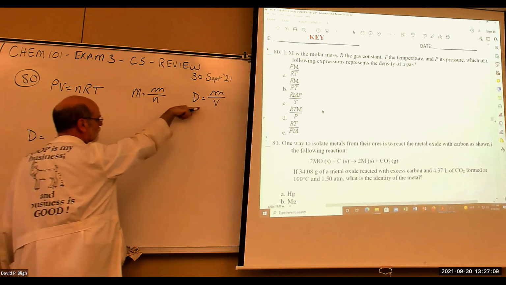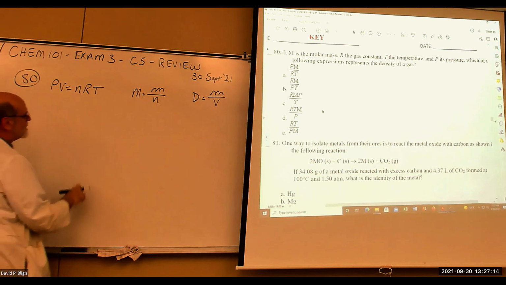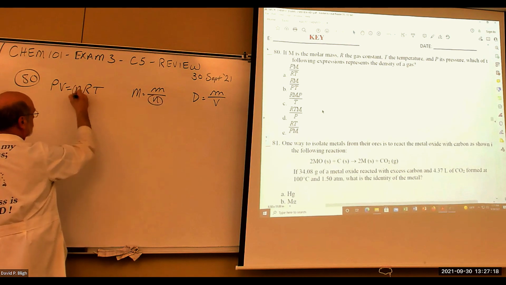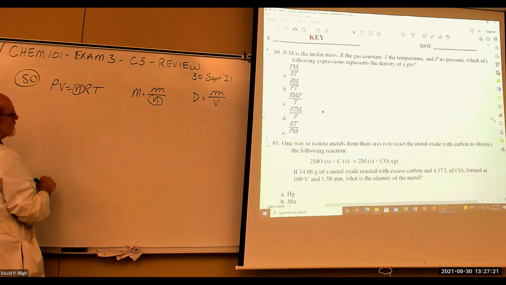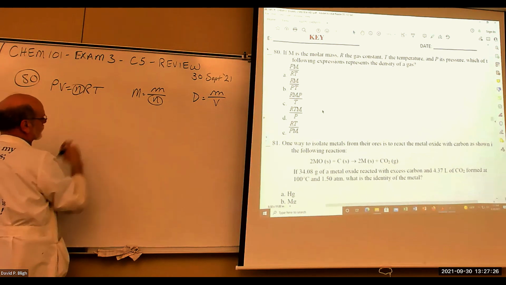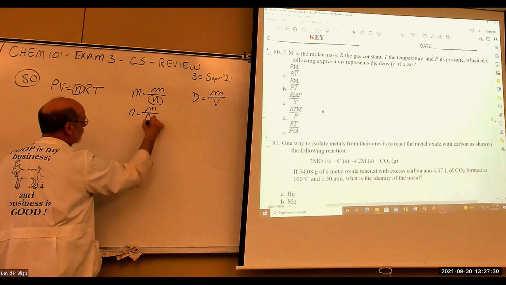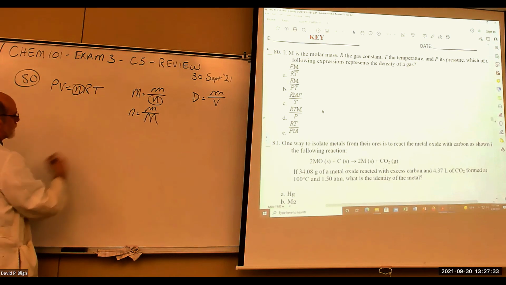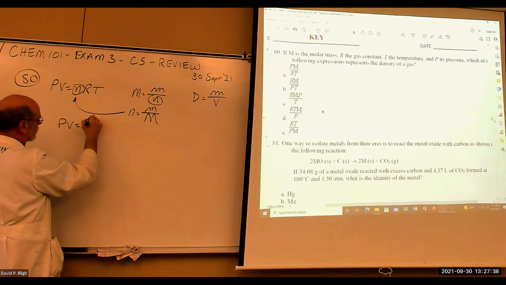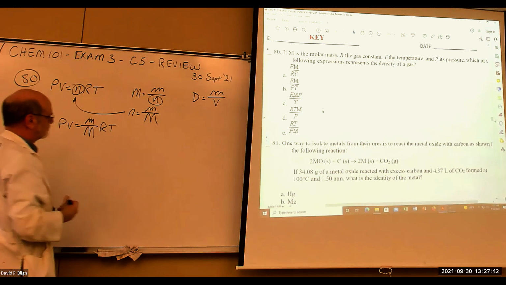We head toward the density in that direction. So what do we have in common here? We have moles, correct? Moles is a common variable. I think it'd be simpler to solve this one for moles and stick it in that one. So moles equals mass divided by molar mass. So now we can put this one in here. And this is PV equals M over big M times RT.